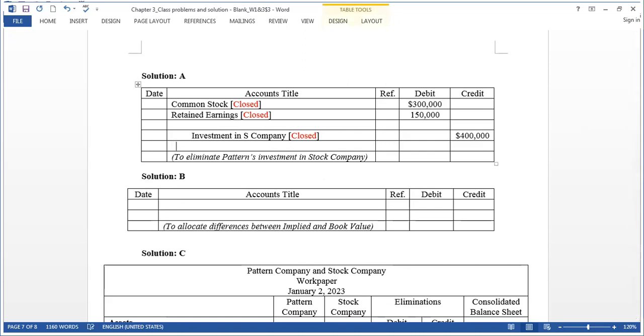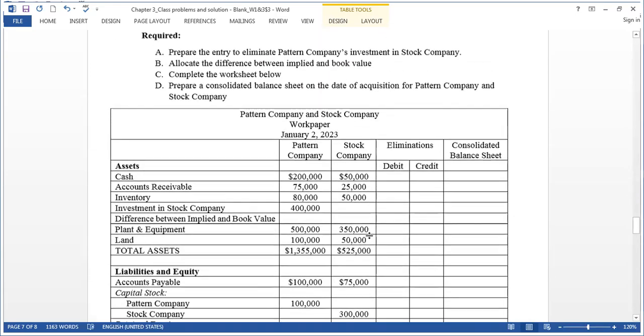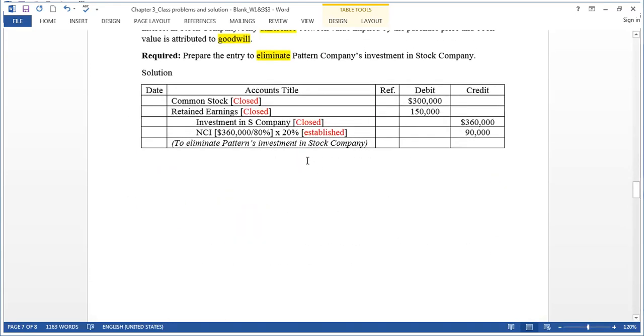Can you remember? We have to establish NCI, and NCI is credit. Why credit? Because it goes to the equity section. First you have to calculate the implied value. Can you remember how to calculate the implied value? If you don't know that, you can go here.